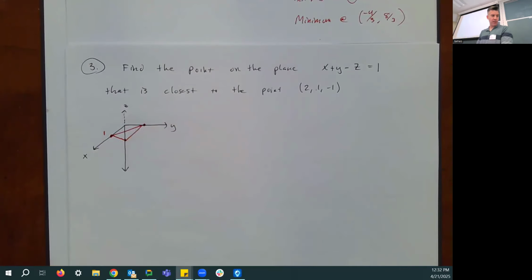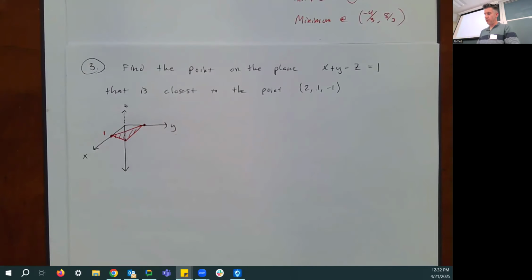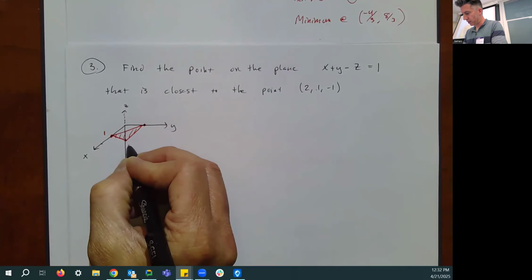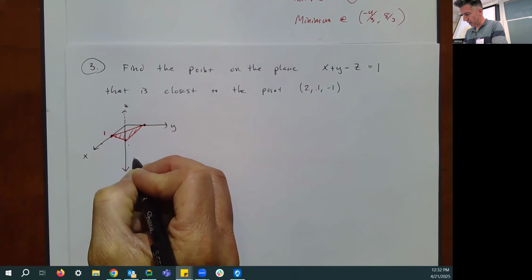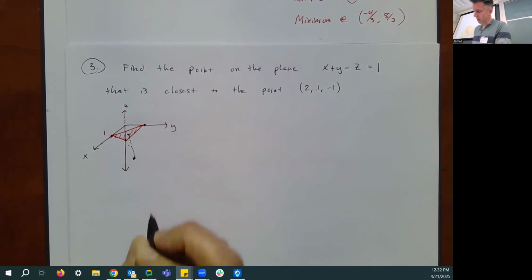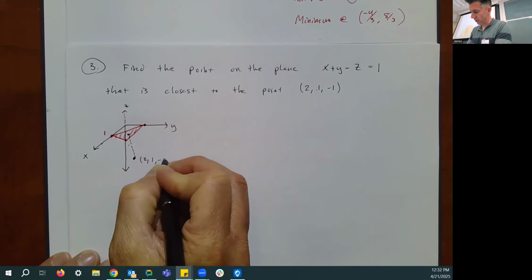So there's part of the plane there. And then this point, 2 in the x direction, 1 in the y direction, and negative 1 in the z direction. So this point, like down here, we're trying to find what point on this plane is closest to this other point, (2, 1, -1).